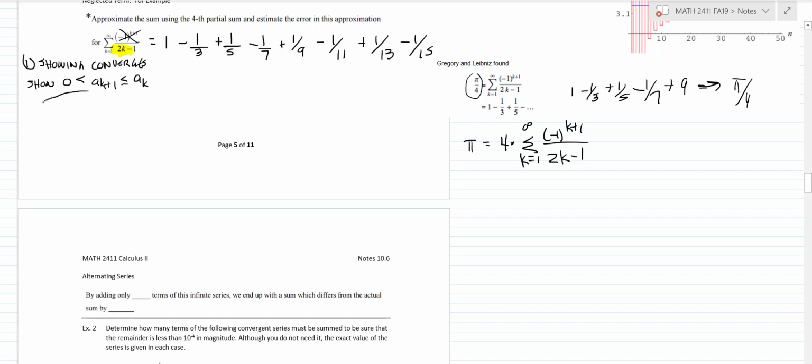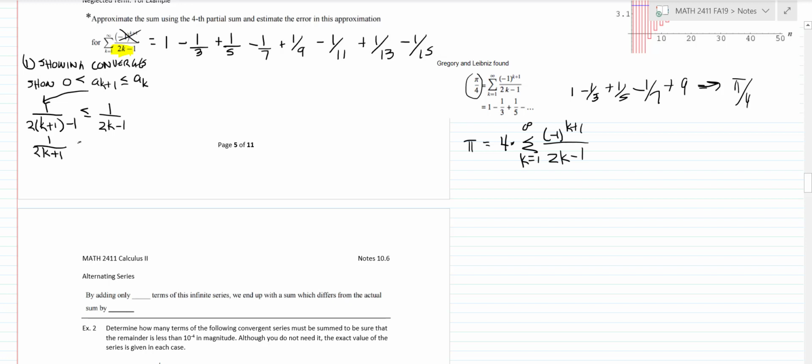So a sub k plus 1 would be 1 over 2 times k plus 1 minus 1, and we're going to try to show that that's less than or equal to 1 over 2k minus 1. This shows up a lot. If you work this out, this would be 2k plus 2 minus 1, so that would be 2k plus 1.